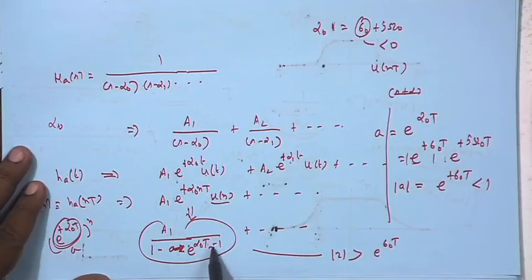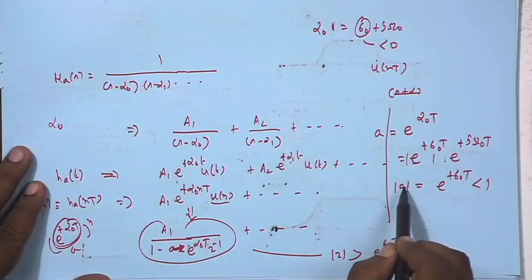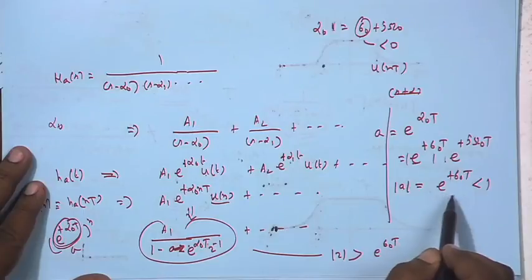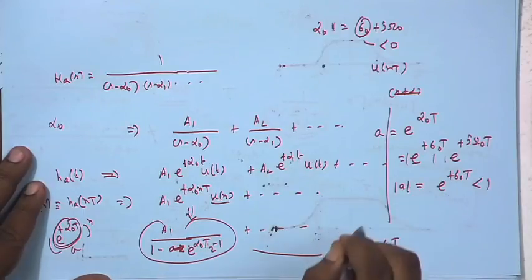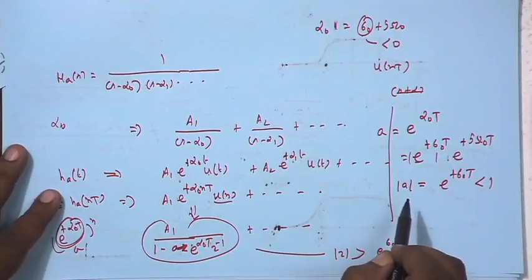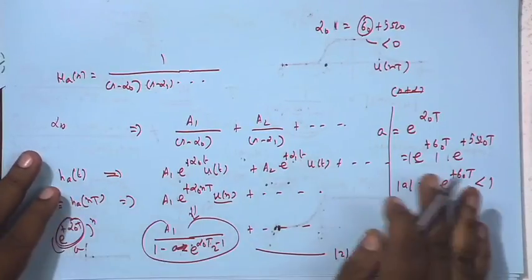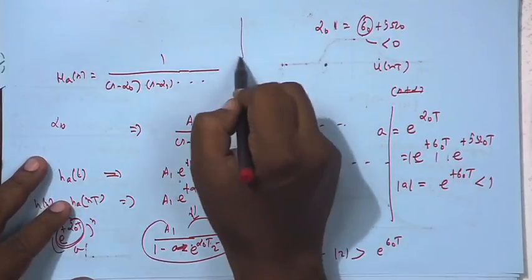So, this will give rise to a pole at z equal to e to the power alpha 0 t, but e to the power alpha 0 t, which we call A, its magnitude is less than 1. So, it will give rise to a pole within the unit circle. Similarly, all the poles will be within the unit circle.